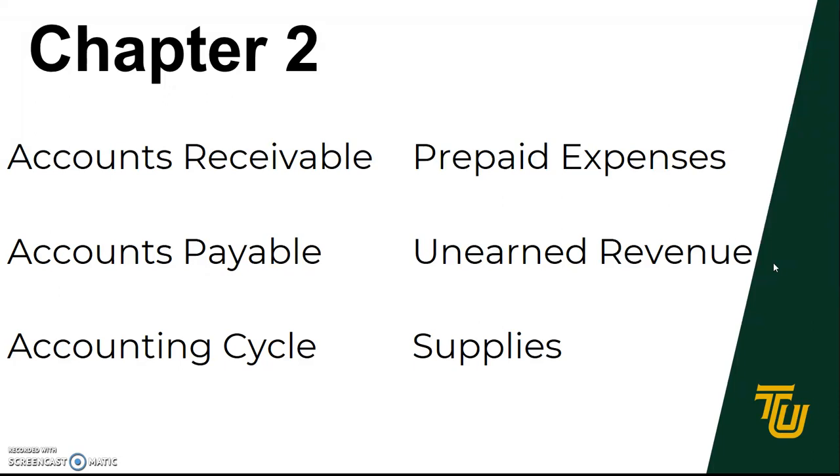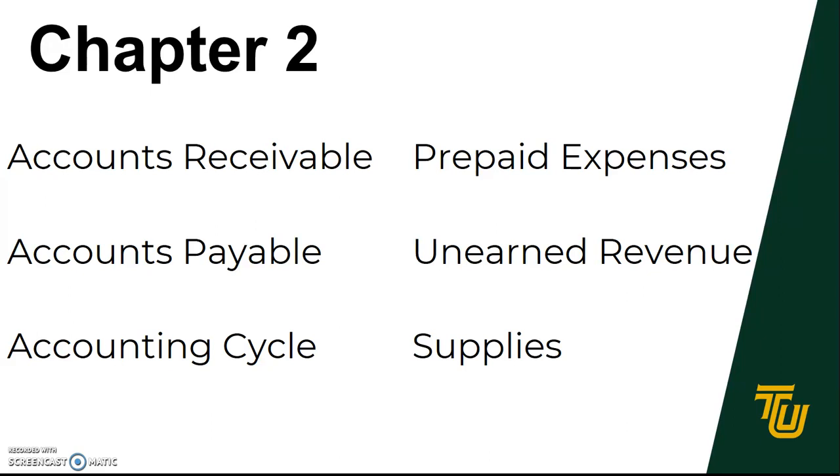Hopefully one of the words that jumps off the page at you is accounts payable. What are some of the connections we can make related to that? What does accounts payable sound like? Does it sound like an asset, something we own? Does it sound like a liability, something we owe? Does it sound like revenue, something we sold? Does it sound like an expense, a cost of doing business?